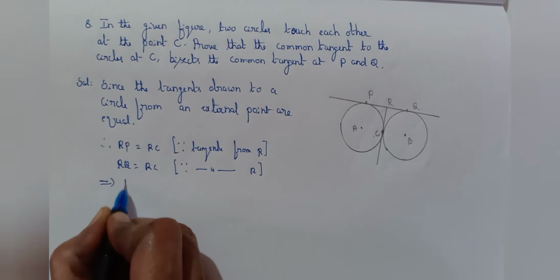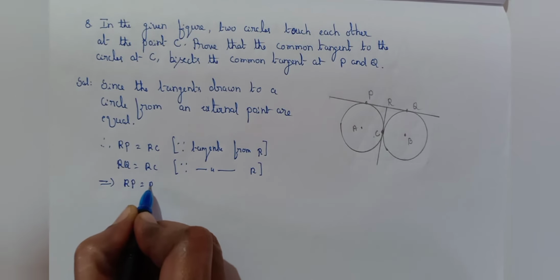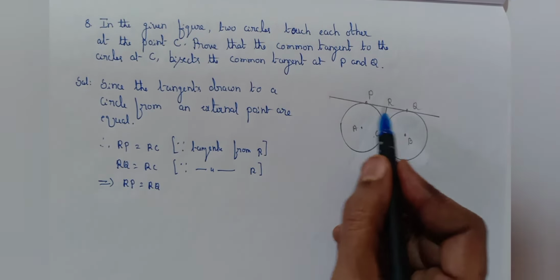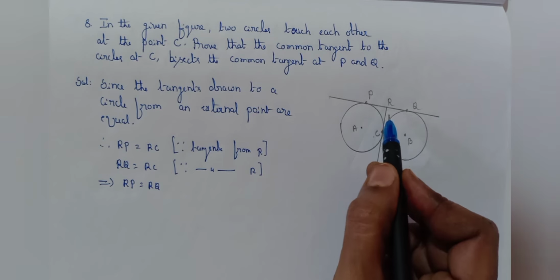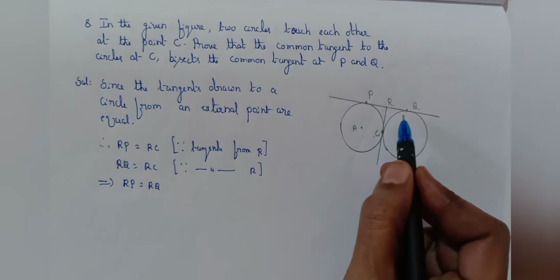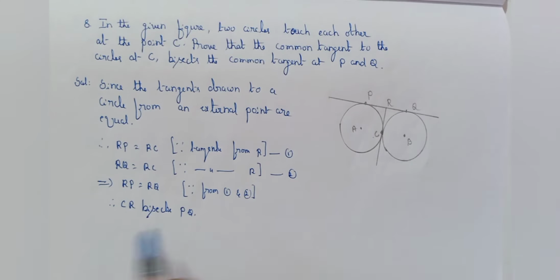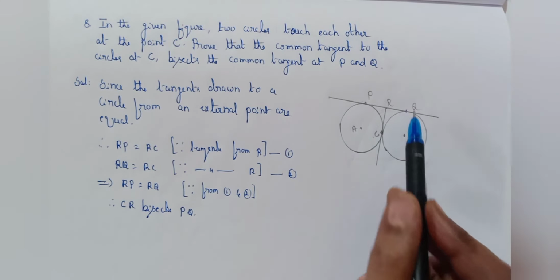Therefore we can write RP is equal to RQ. RP is equal to RQ means the common tangent RC bisects tangent PQ. So CR bisects PQ.